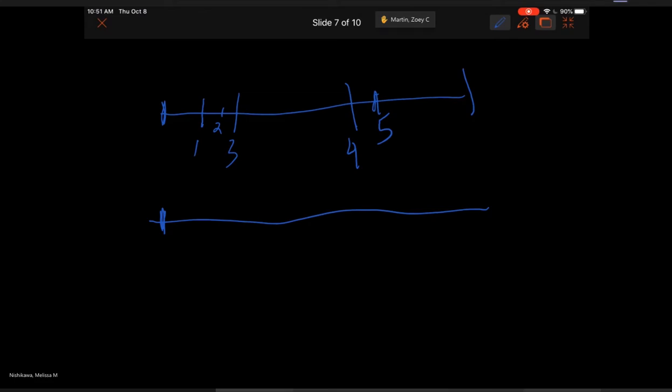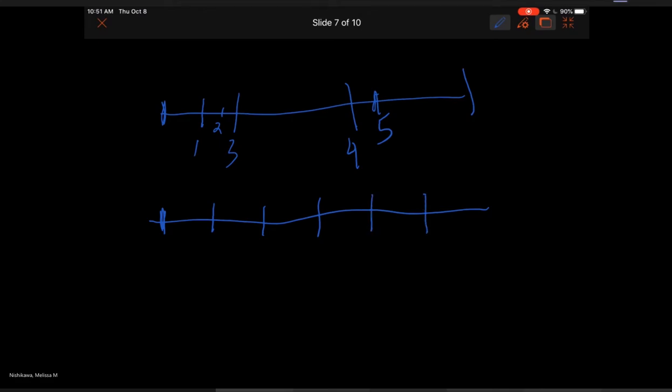Zoe, what would you fix on my number line? Exactly. They're all over the place and it's not even. That's what I wanted you to notice. They're not even. So it would be better to do 1, 2, 3, 4, 5.